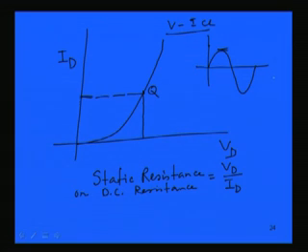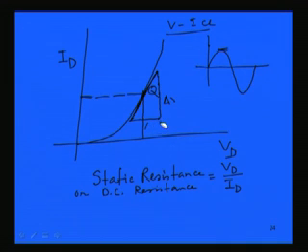In order to find out the dynamic resistance, you draw a tangent at the point where you are operating the diode, and at 2 points on the tangent, you find out the incremental change of the current and change of voltage.